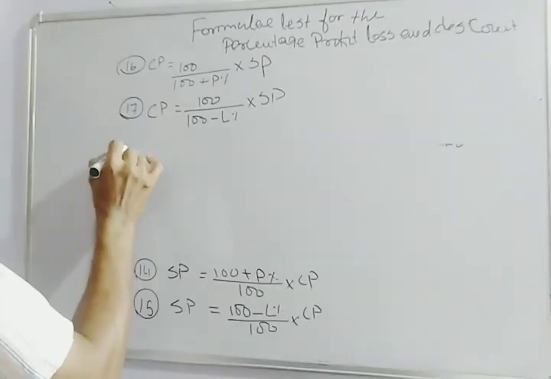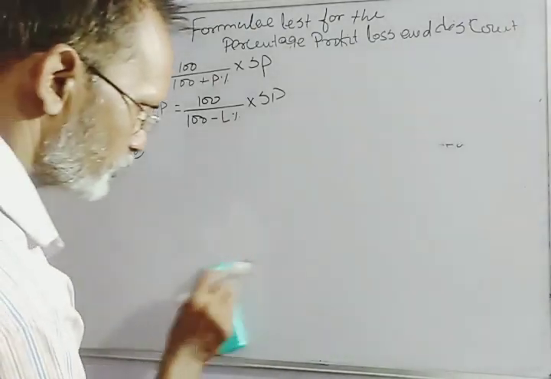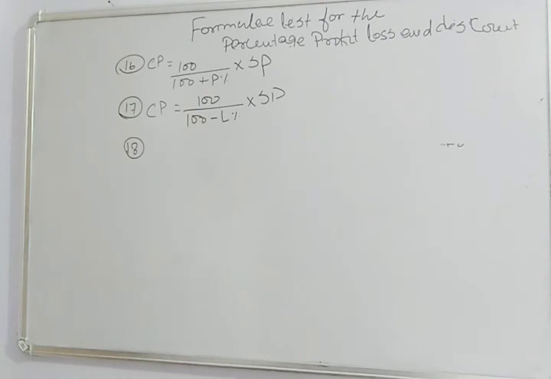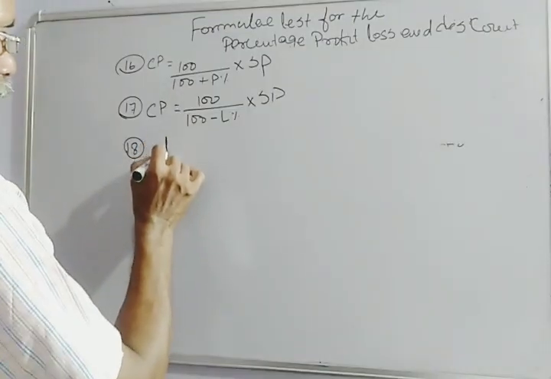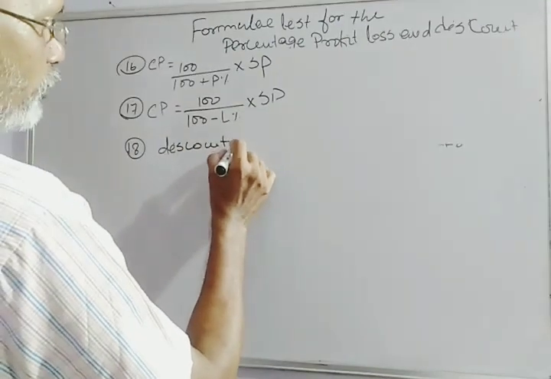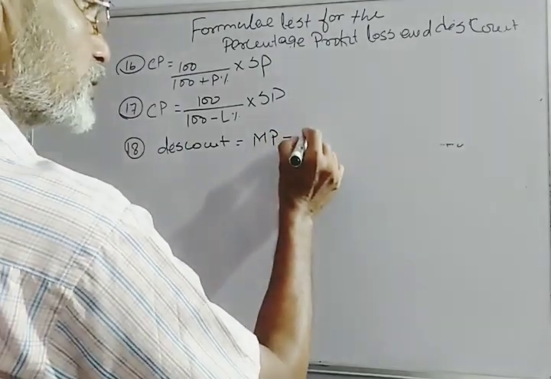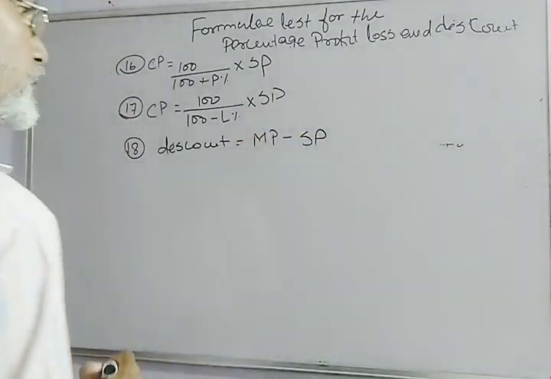Then number 18, that is mark price. How will we find out the discount? Discount is equal to mark price minus selling price.